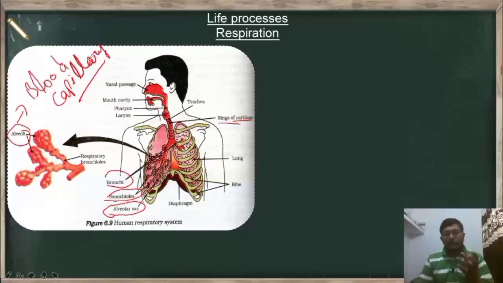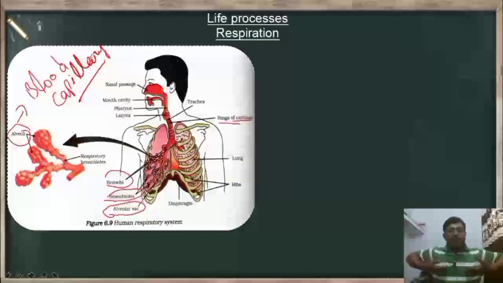What is the mechanism of respiration in our body? So we will discuss now. When we inhale air, for example, now itself you can do the activity, just inhale the air. When you inhale, our rib cage expands and moves upward, right?